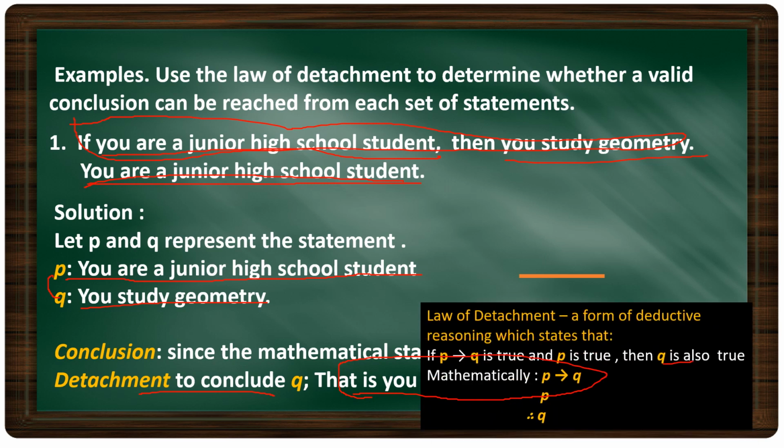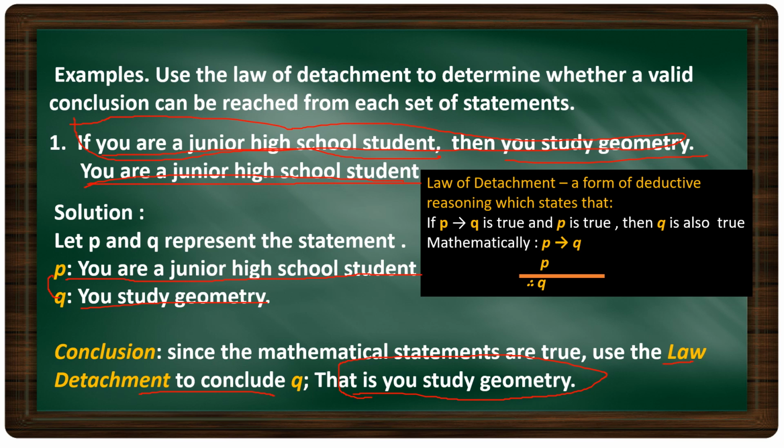Let us recall. So, let's find out here. Ang ating pong law of detachment, tatandaan natin, it is a form of deductive reasoning which states that if our conditional statement is true, ito po yun, and ang ating P is also true, P is our hypothesis, then our Q must also be a true statement.